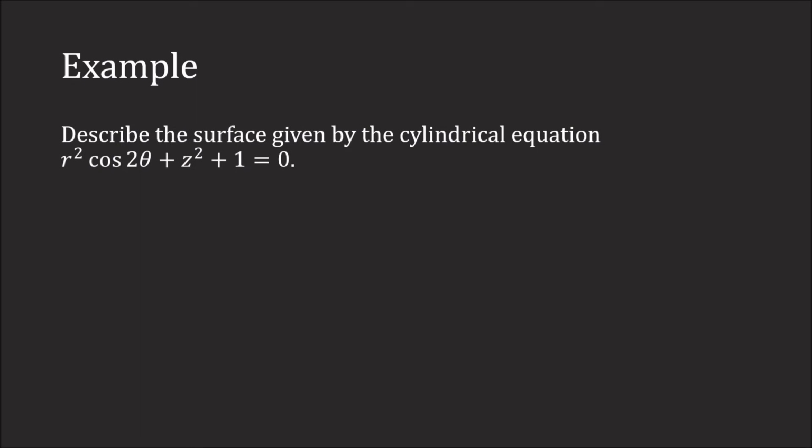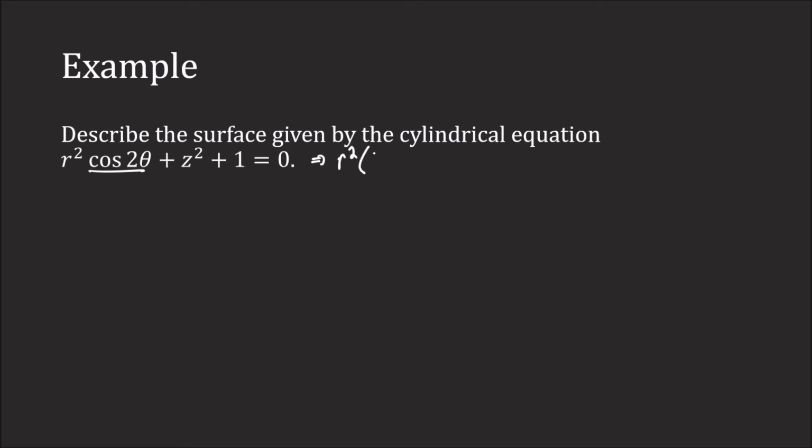Let's now describe the surface given by the cylindrical equation r squared cosine of 2 theta plus z squared plus 1 is equal to 0. Well, the first thing that we should do is take this cosine of 2 theta and use a double angle identity.